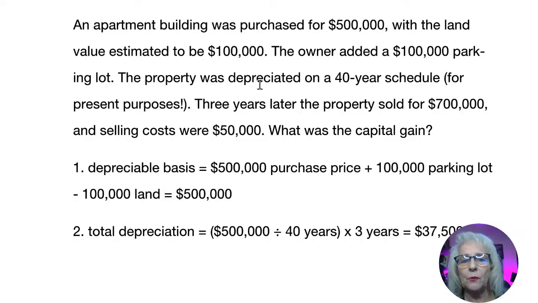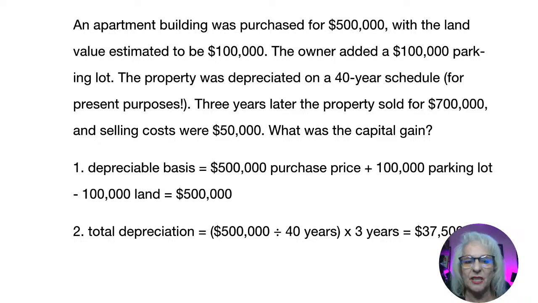The property was depreciated on a 40-year schedule. I mean, it kept depreciating 1/40th every year for 40 years for present purposes. 3 years later, the property sold for $700,000 and selling costs were $50,000.